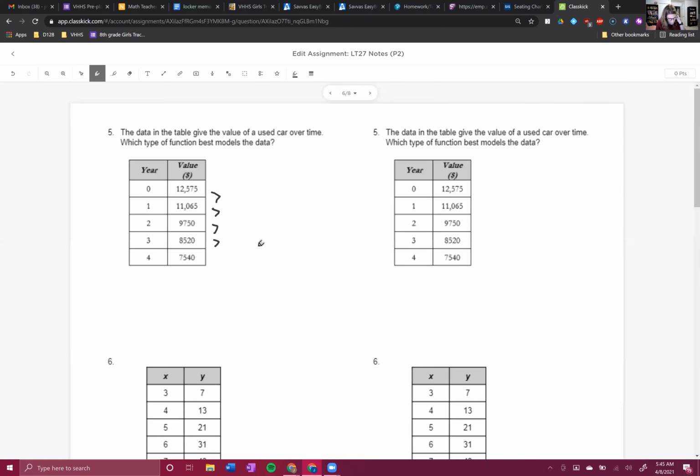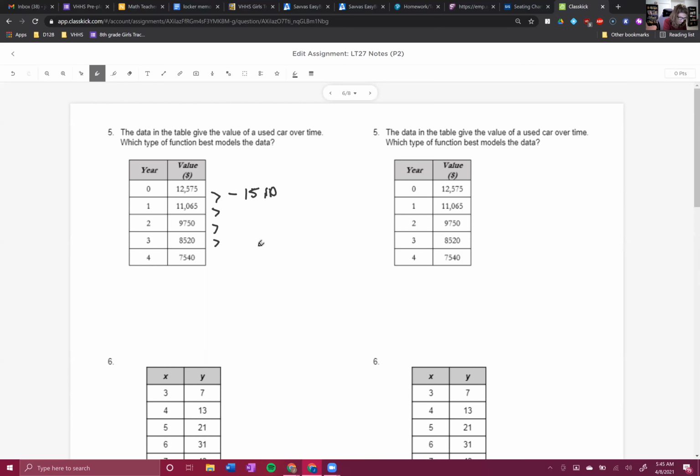What's the difference between 12,575 and 11,065? I'm going to subtract them. So 12,575 minus 11,065 is down 1,510. I'm going to take my 9,750 and subtract 11,065.